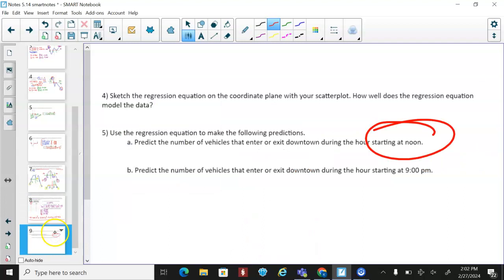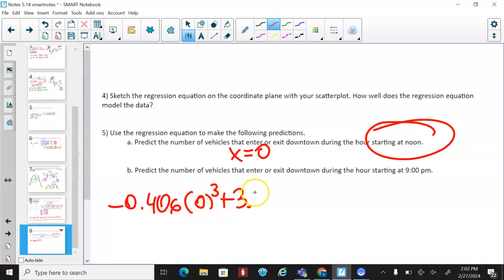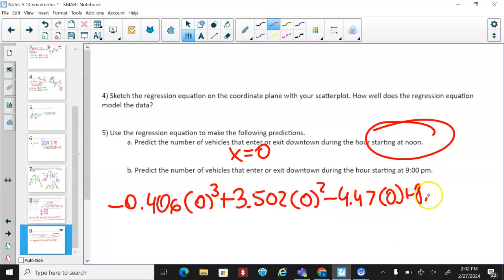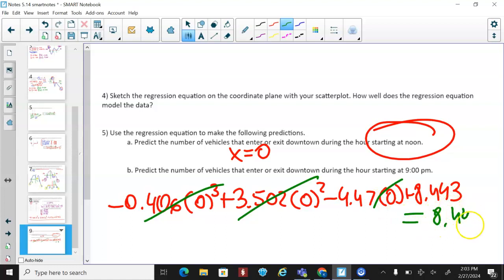So we are going to plug in x equals 0. In the same equation, negative 0.406 times 0 cubed, plus 3.502 times 0 squared, minus 4.47 times 0, plus 8.443. So logically, this is going to be 0, this is going to be 0. So my answer is going to be 8.443.